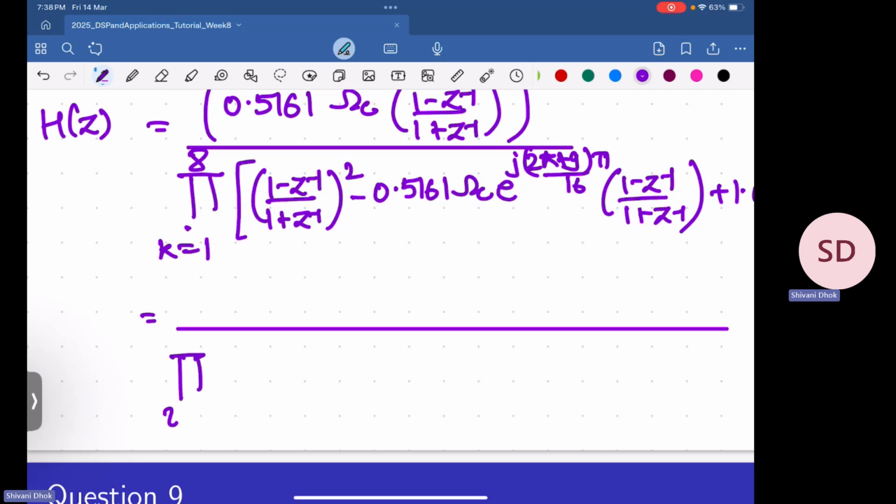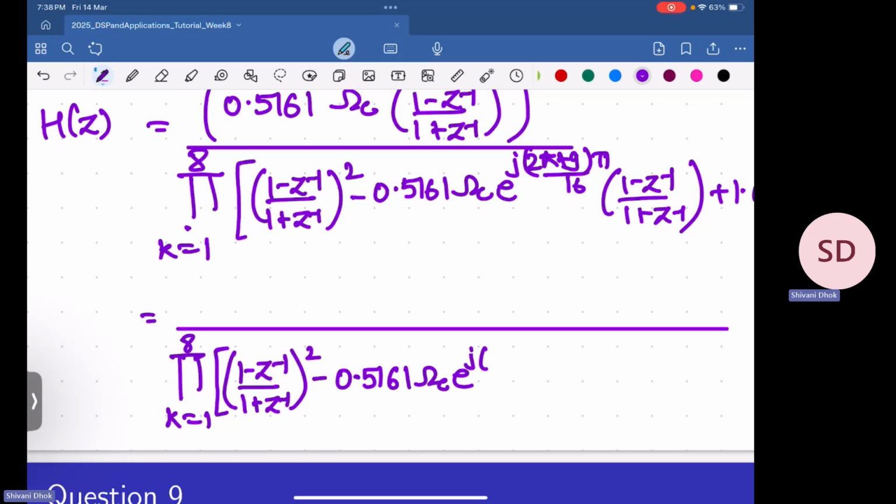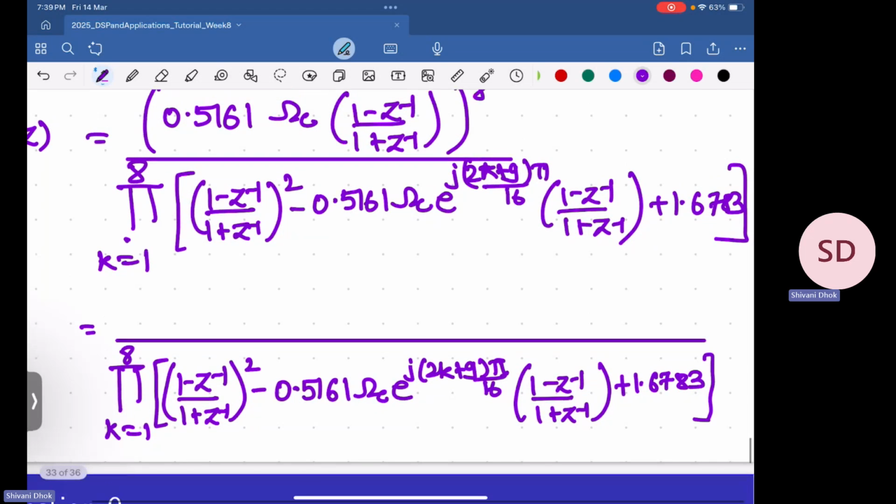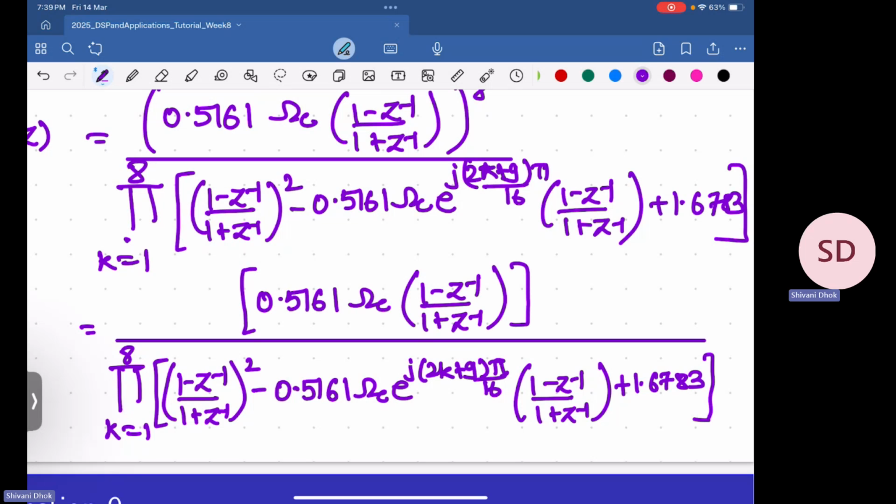So this is product of k equal to 1 to 8 of 1 minus z inverse upon 1 plus z inverse whole square minus 0.5161 omega c into e power j 2k plus 9 pi by 16 into 1 minus z inverse upon 1 plus z inverse plus 1.6783, and in the numerator we have 0.5161 omega c into 1 minus z inverse upon 1 plus z inverse whole to the power 8.